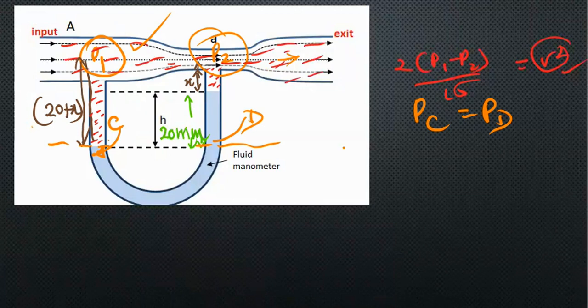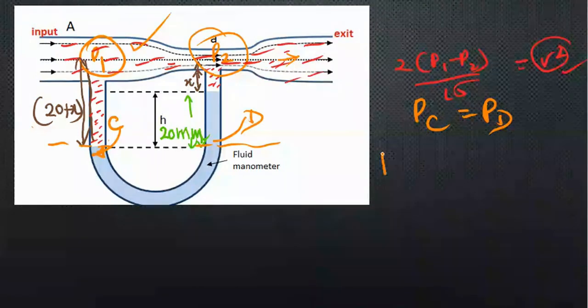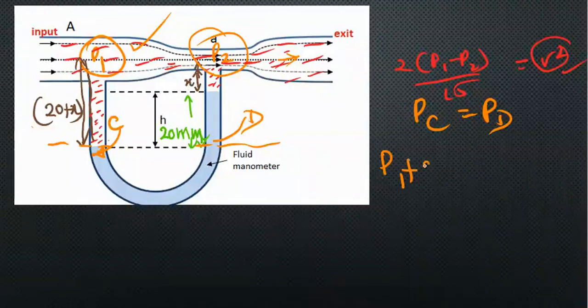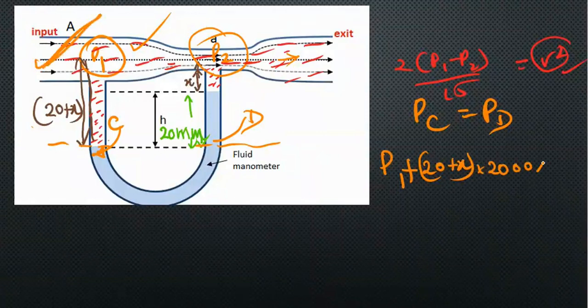Right, so let's write the equation. PC is equal to P1 plus (20 plus x) into the density of this liquid, which is 2000, into 10, with 20 plus x converted from millimeters, so 10 to the power minus 3, right? That is the pressure on one side.